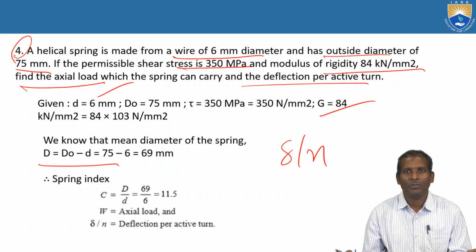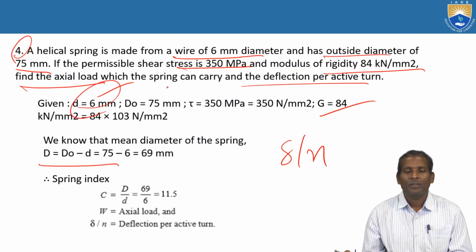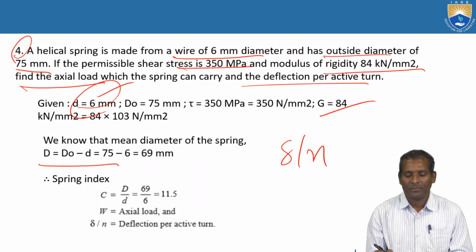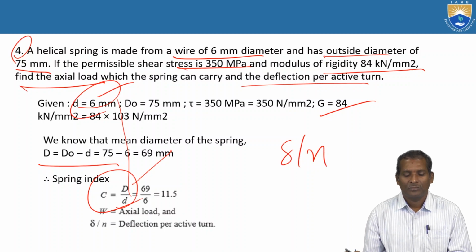D naught is already available, the outer diameter, so 75 minus 6, where 6 is the given wire diameter. So you get the mean diameter of the spring. Now you can calculate the spring index value. D is calculated and small d is given in our problem. So the spring index value is 11.5.